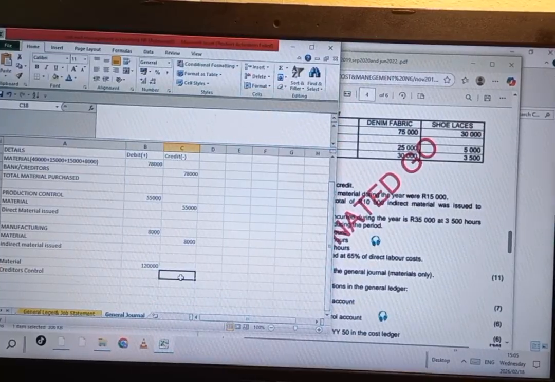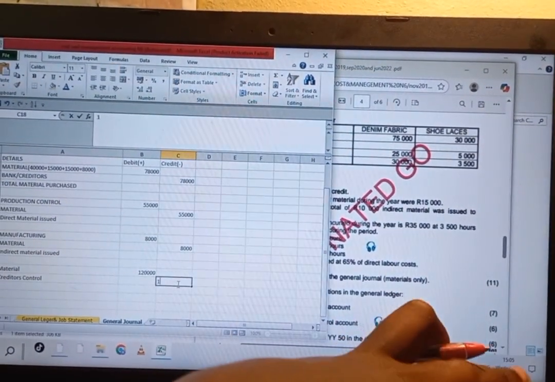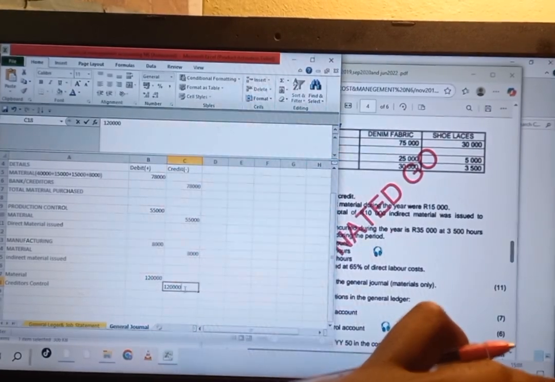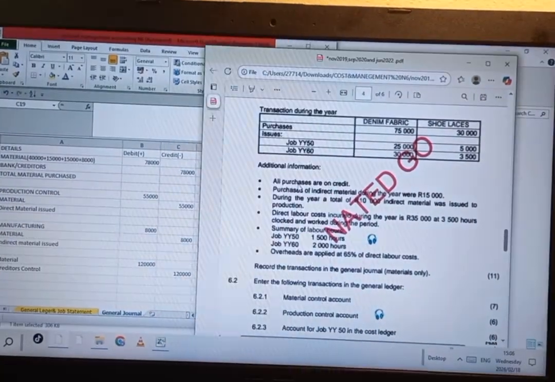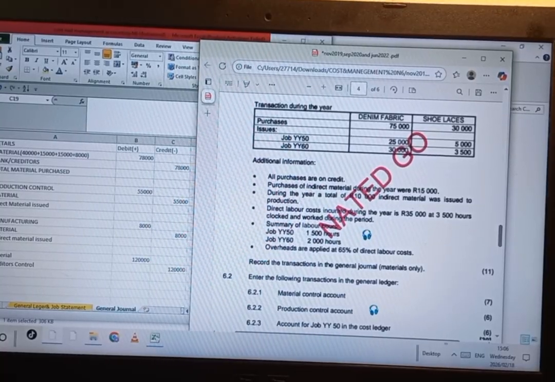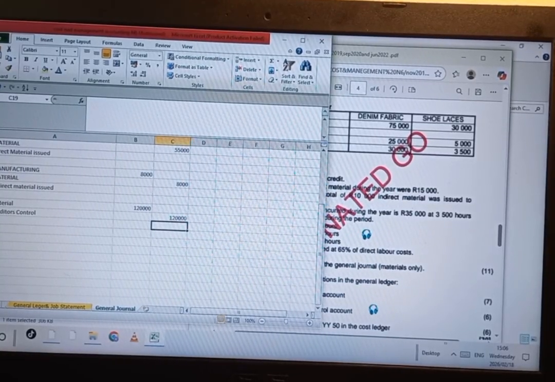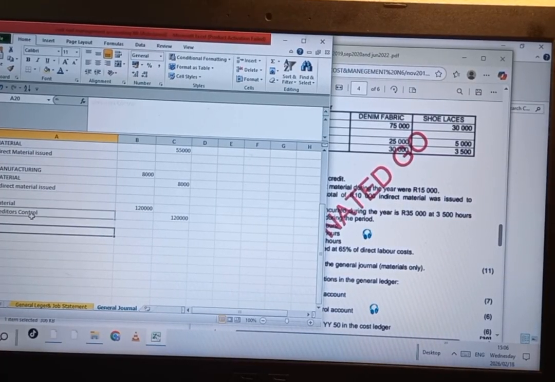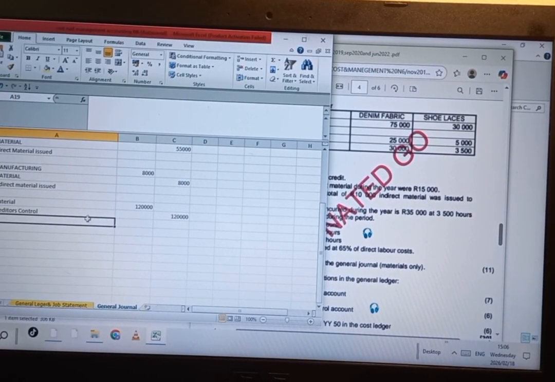And then also we have used 120,000. Bullet number 2 says purchases of indirect material during the year. So bullet number 2 is indirect material. The reason here, guys, is total material purchased.